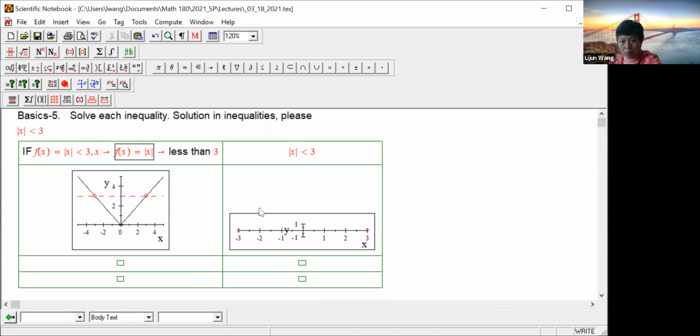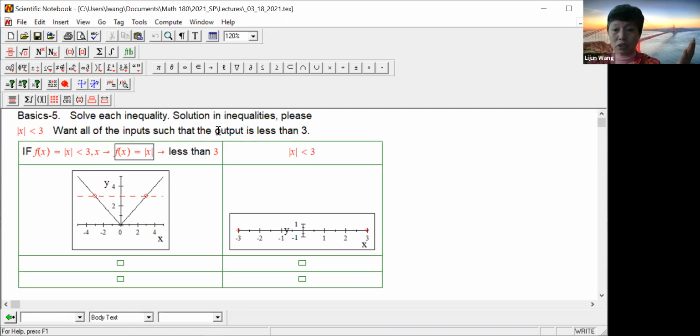Less than 3, okay? And the meaning is: if the output is less than 3, where do you find the output that is less than 3? We want to find all of the input such that the output is less than 3.